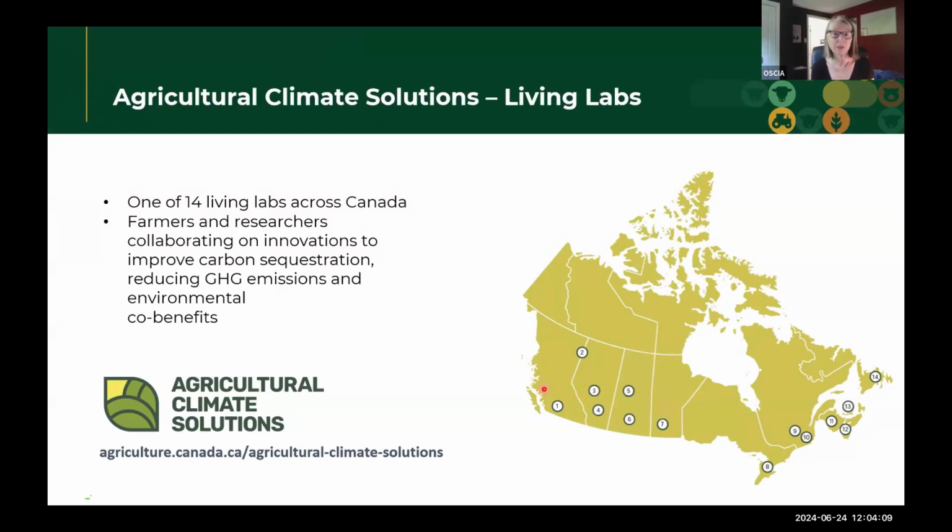It is part of the Agricultural Climate Solutions Living Labs project, and it brings farmers, researchers, and others collaborating on innovations to improve carbon sequestration and reduce greenhouse gas emissions, and provides other environmental co-benefits. So across Canada, we have many researchers, many farmers, many organizations, all working collaboratively within their projects on a variety of different initiatives that are of importance at a local level.